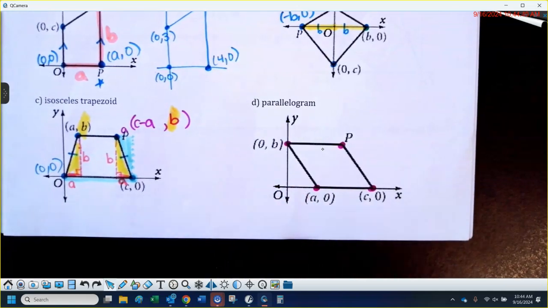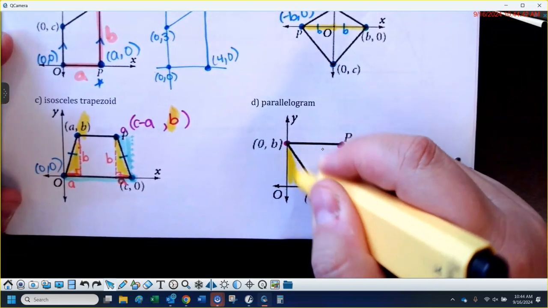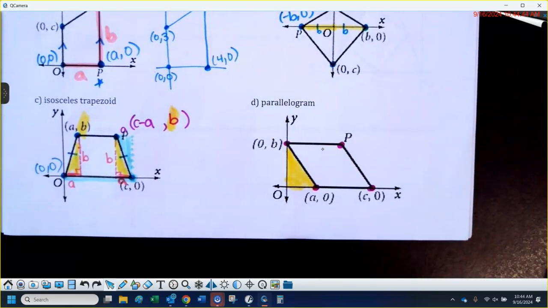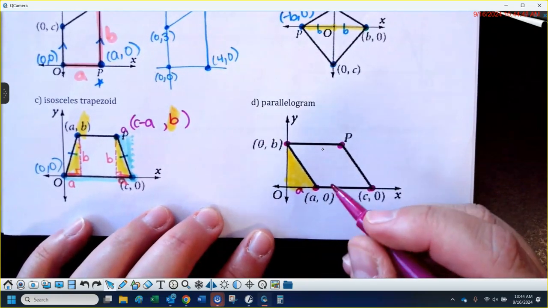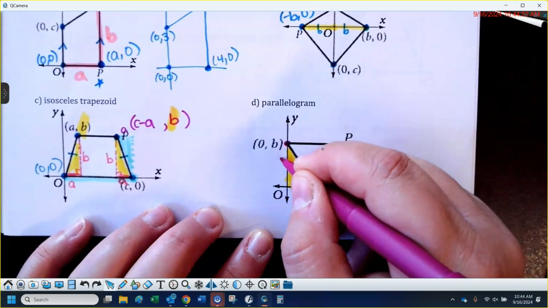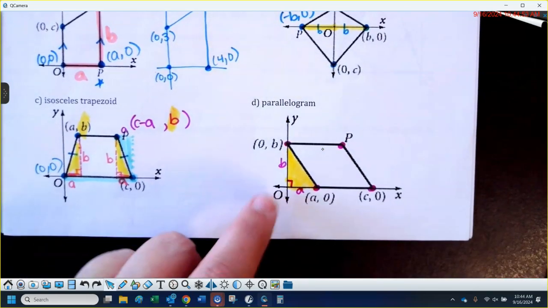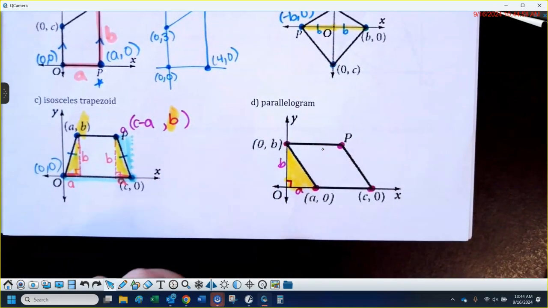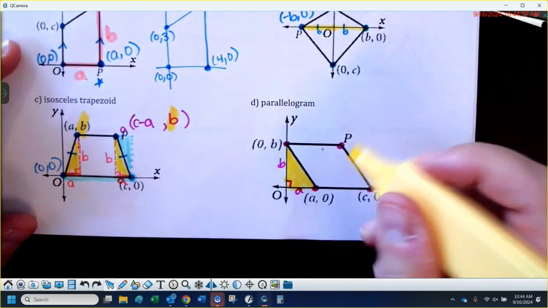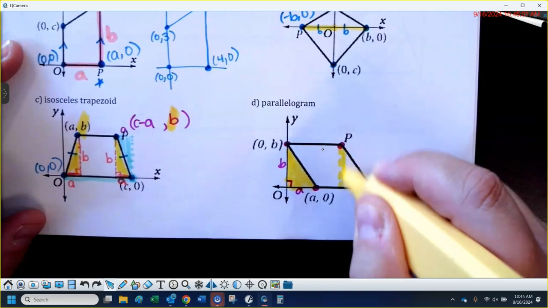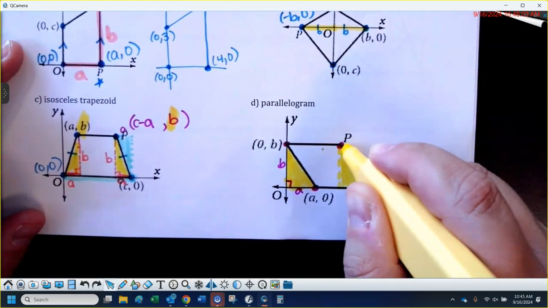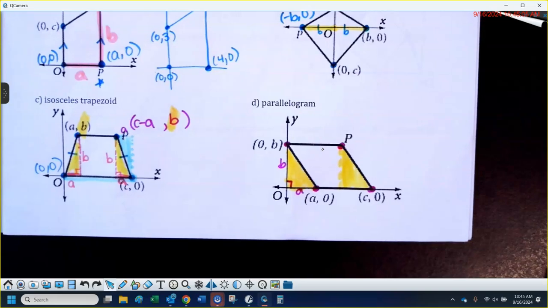So you got a little bitty triangle right here. To get to this point, I'm going over A. To get here, I'm not going right or left, we're just going straight up. I'm going up B. I know this is tricky, you can draw this exact same little triangle right here. The distances would be the same.